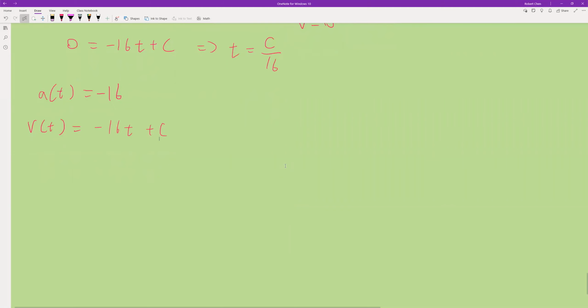All right, now we have the velocity, and we can use it to find the position function, because the antiderivative of velocity is position. So we perform the antiderivative again, and that would be negative 16t to the power of 1 plus 1 over 2, plus ct, plus another constant that we call d.